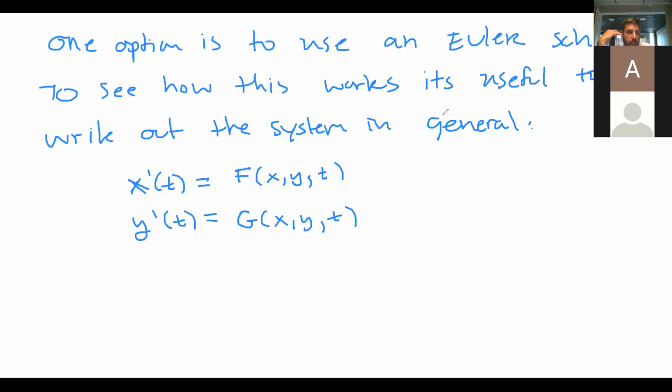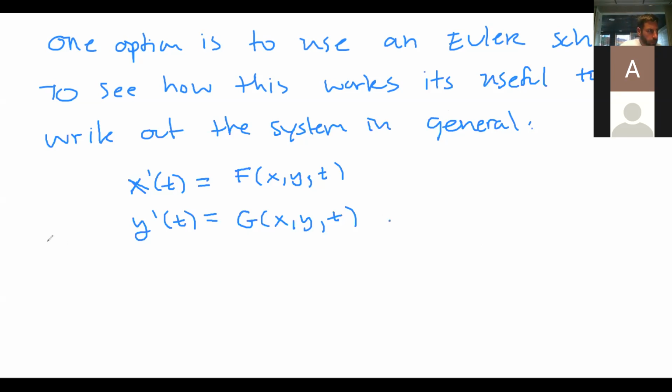What I'm doing is I'm saying, how can I do this in general? Okay, now what we remember is we can write both of these out. We think about what we learned from our Euler before.